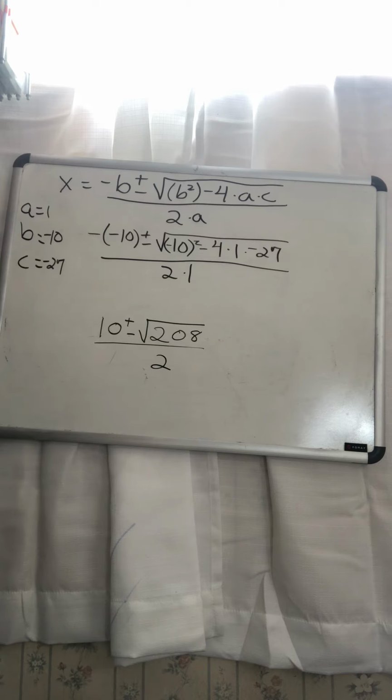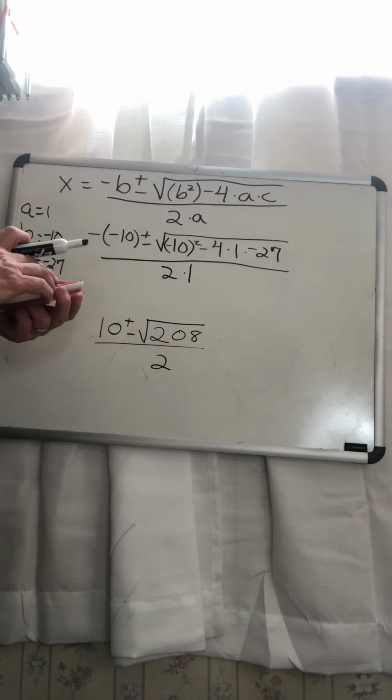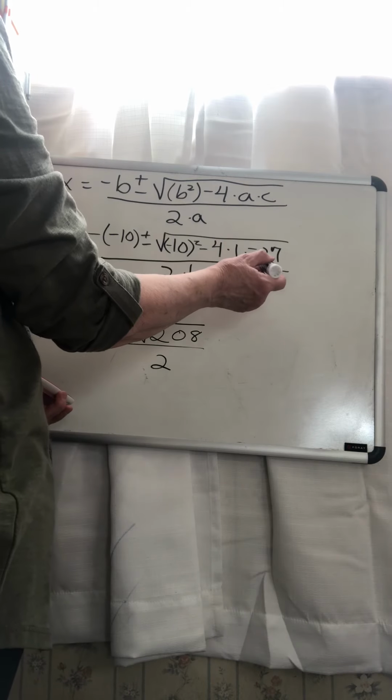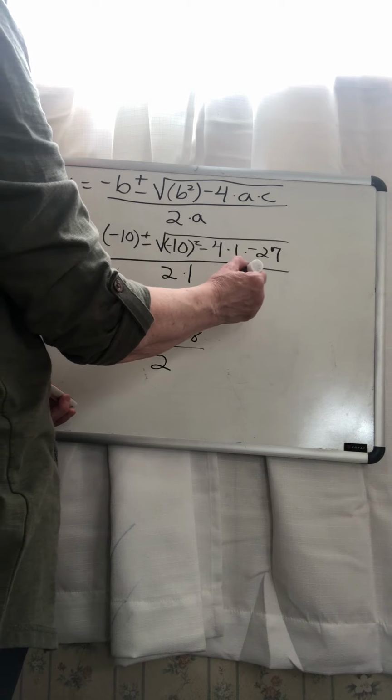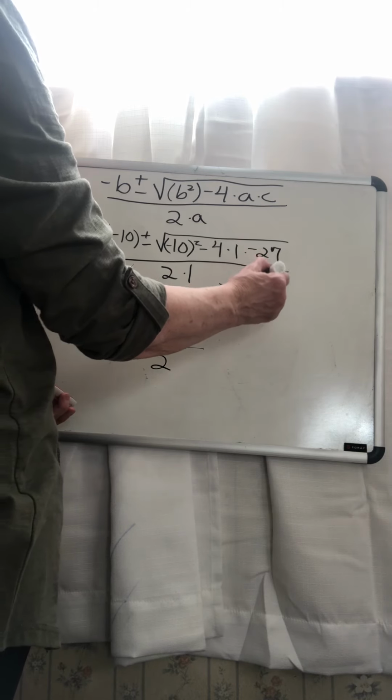Oh, I just realized we didn't have minus. Wait a minute. Sorry about this. So 4 times 1 is 4. 4 times 27. Okay, that was 108. And there is a negative sign there. So it should be minus 108.